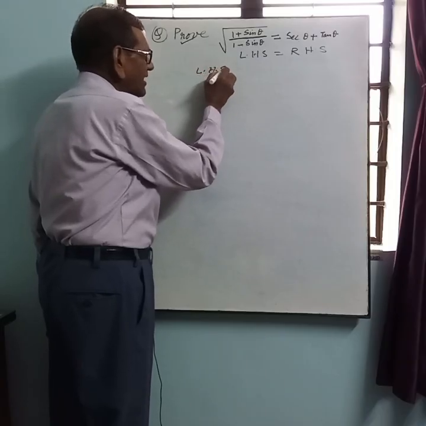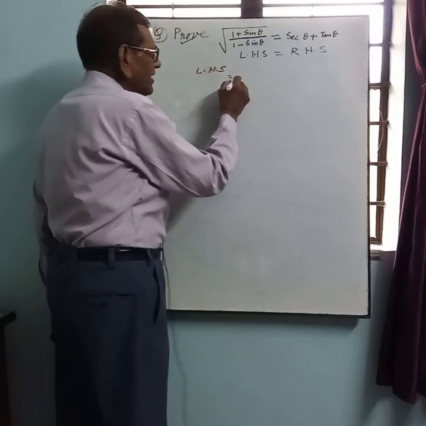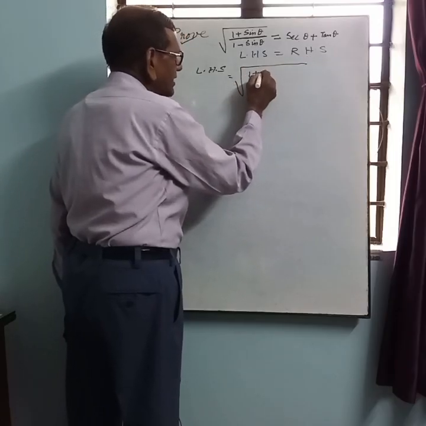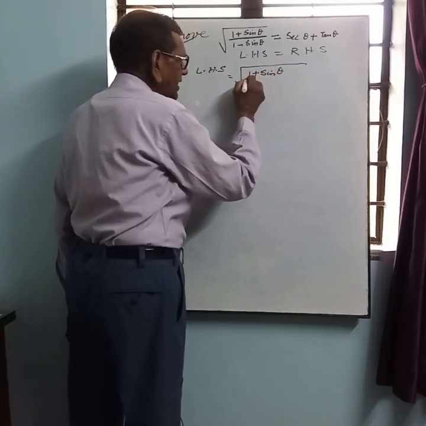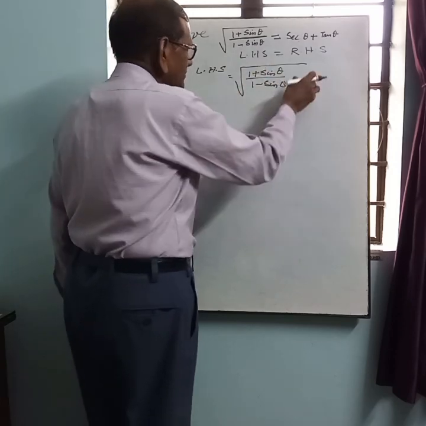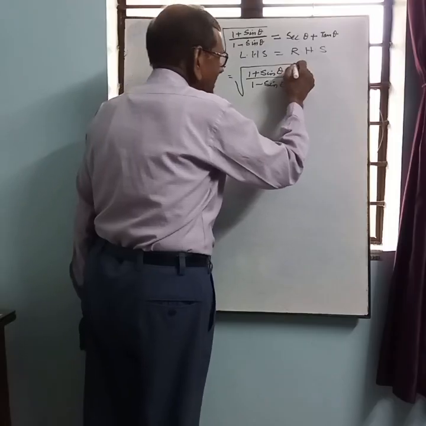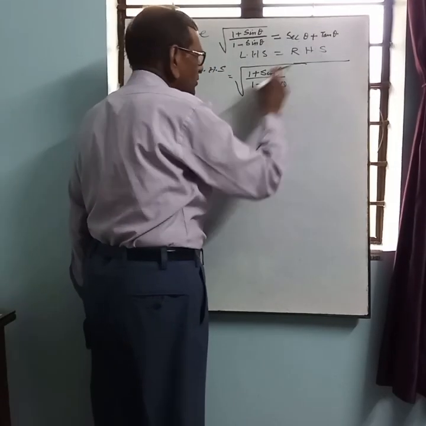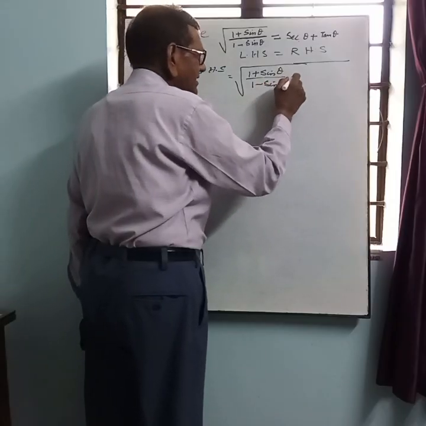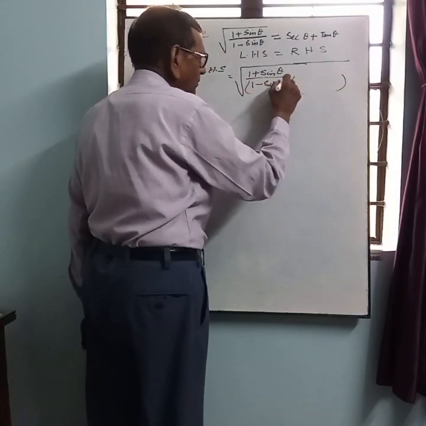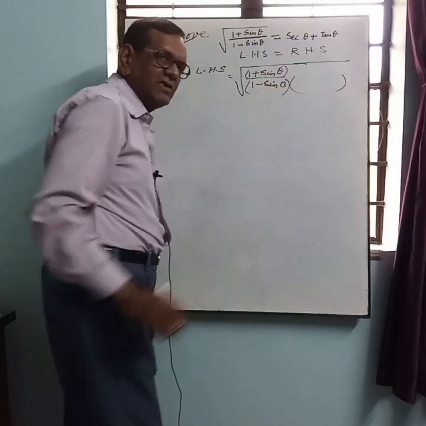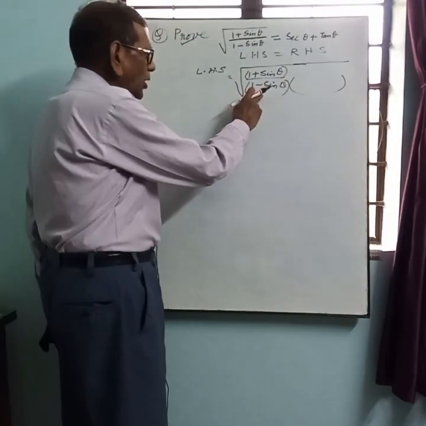Left hand side. First of all, you keep this: 1 plus sine theta divided by 1 minus sine theta, as in the question. So, you keep this square root on the numerator and denominator and rationalize the 1 minus sine theta by changing the sign, that is known as the conjugate of the denominator.